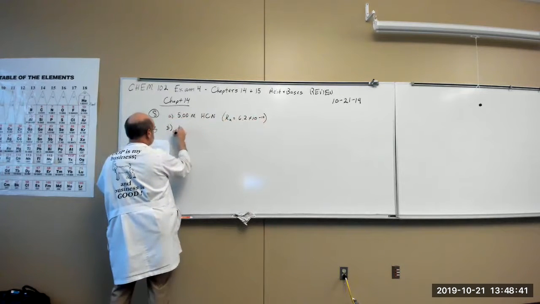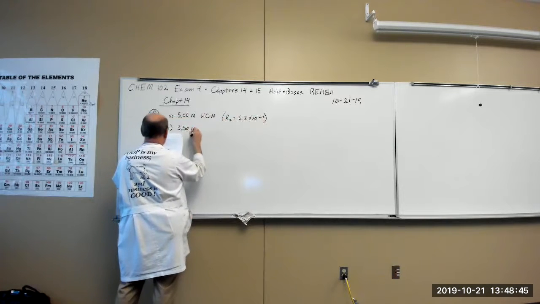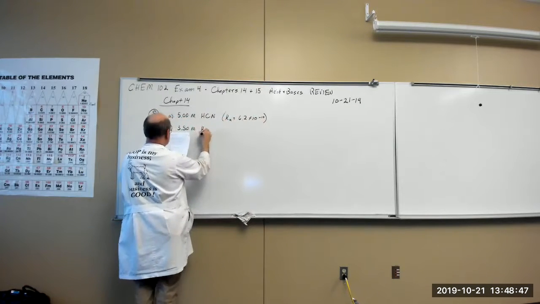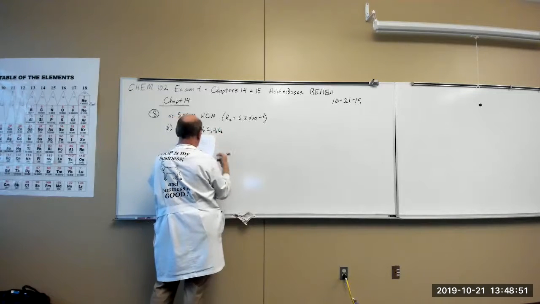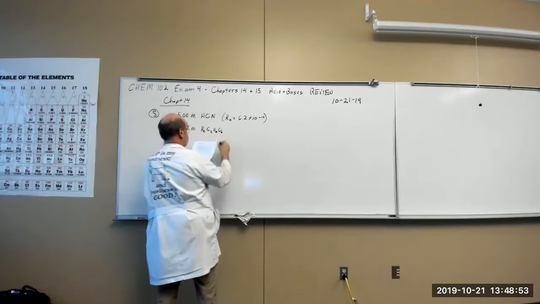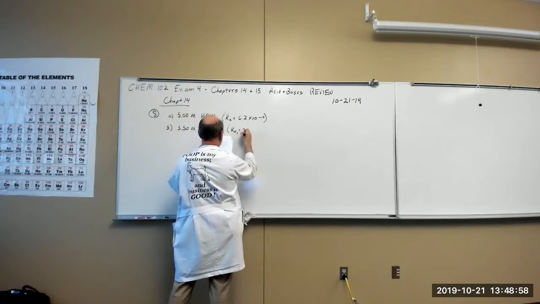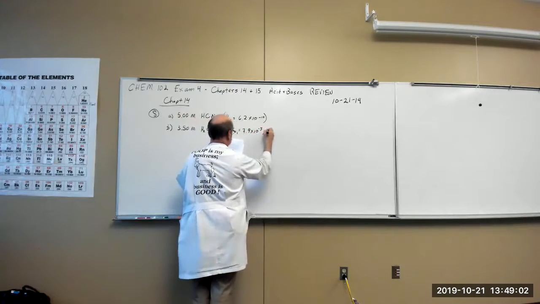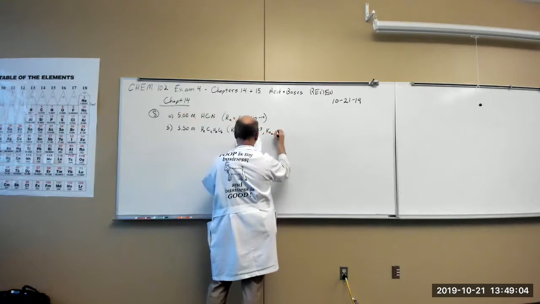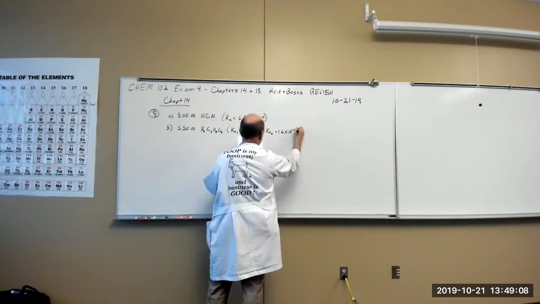B is 3.5 molar H2C2H6O6. I guess benzoic acid. So Ka1 equals 7.9 times 10 to the minus 5th. Ka2 equals 1.6 times 10 to the minus 12.